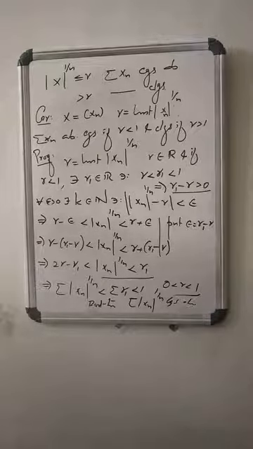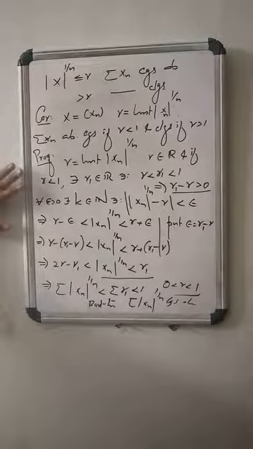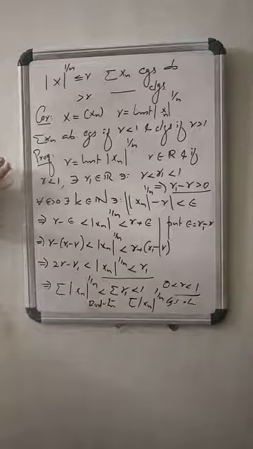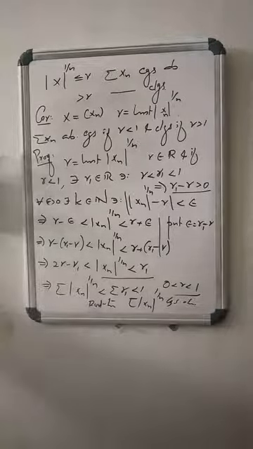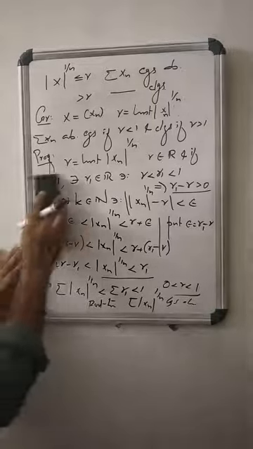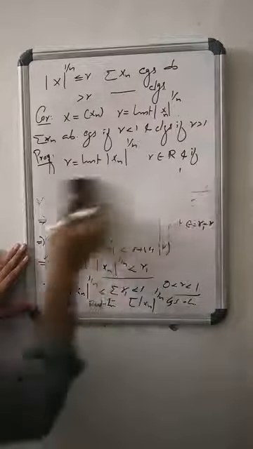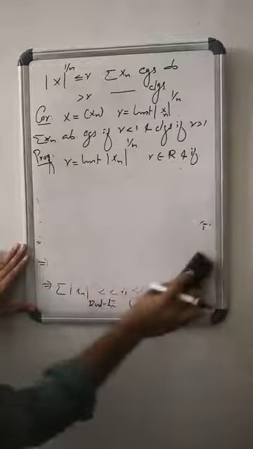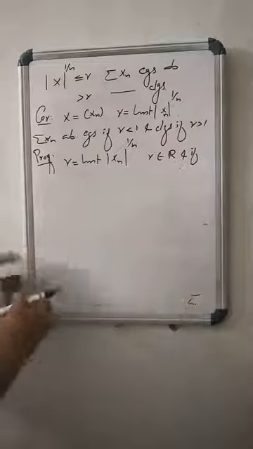This corollary is also important, as it is used for testing the absolute convergence of a given series. Now, what about its second part? If it is greater than r, then it diverges. Suppose r equals limit of modulus of x_n power 1 by n, r in R. If r is greater than 1, what happens here?